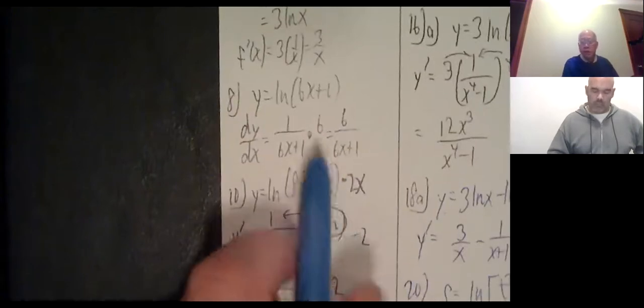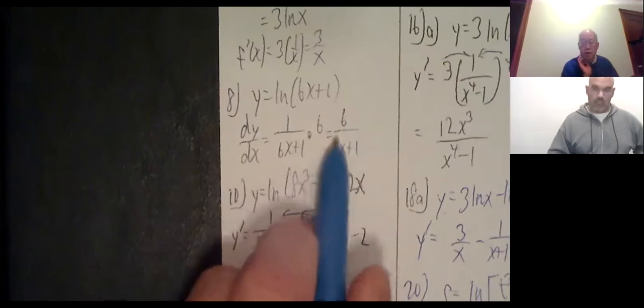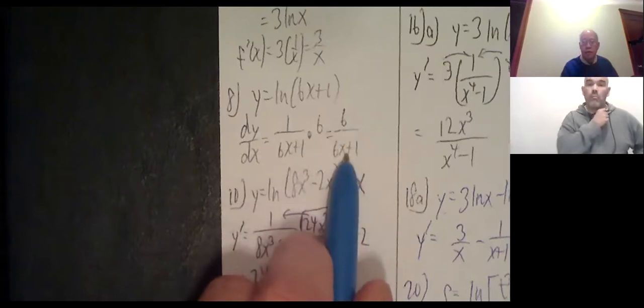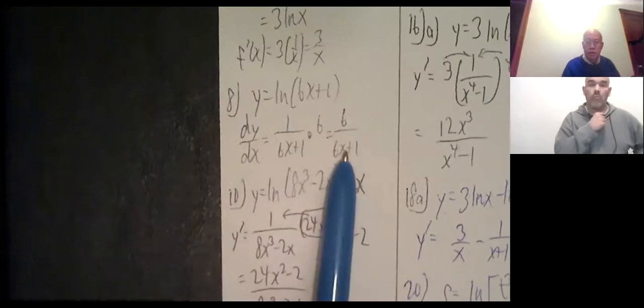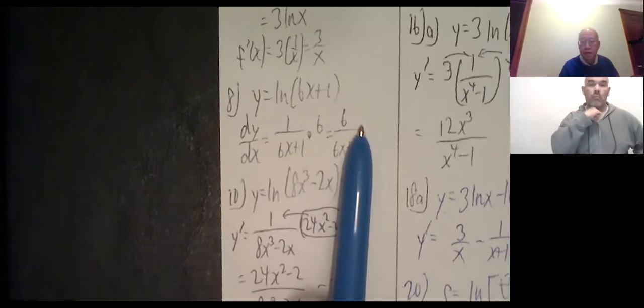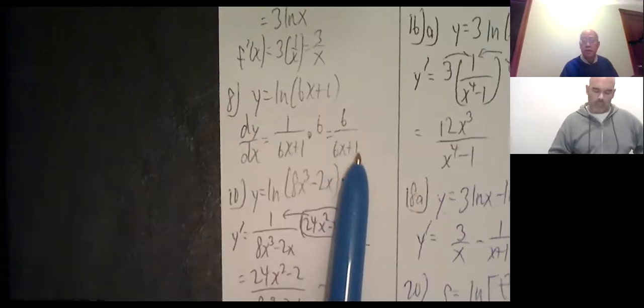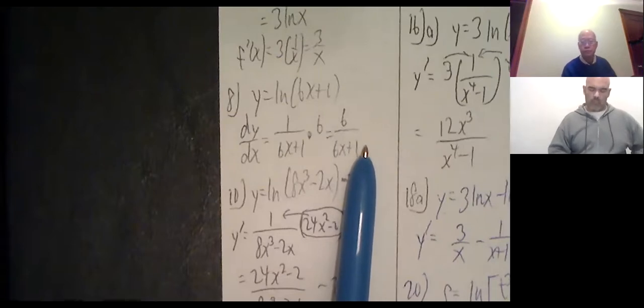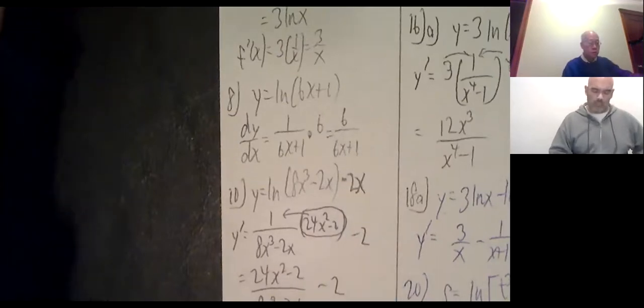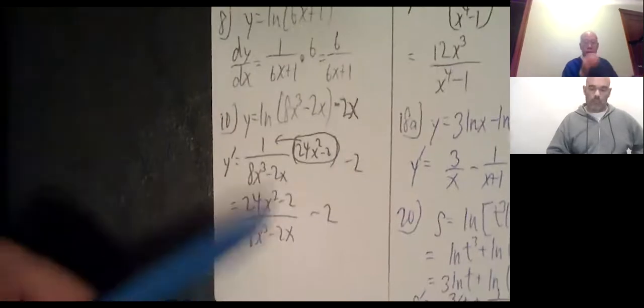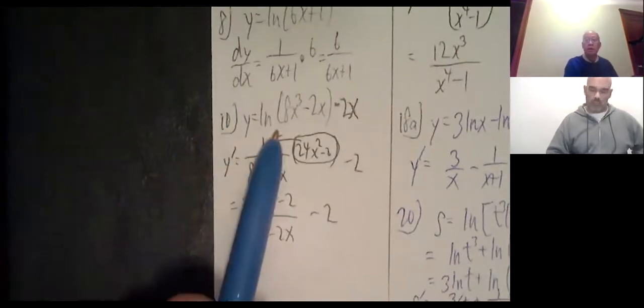And watch out, you're not supposed to cancel the 6's here. You don't cancel once you add or subtract something. Now, if they didn't have the plus 1, like 6 over 6x, no additions, no subtractions, then you can cancel the 6's. But just like this, no, you can't do anything with that.